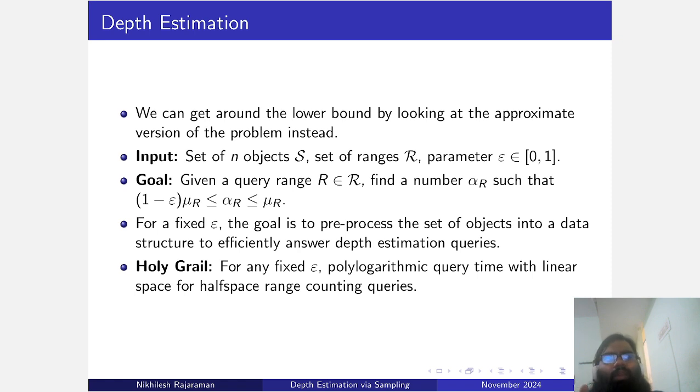The holy grail we're trying to chase is achieving polylogarithmic query time with linear or near linear space for half planes as well, similar to what we could do for rectangular range counting queries. Over the remainder of this video and the next video, we are going to build towards an algorithm to solve this depth estimation problem.